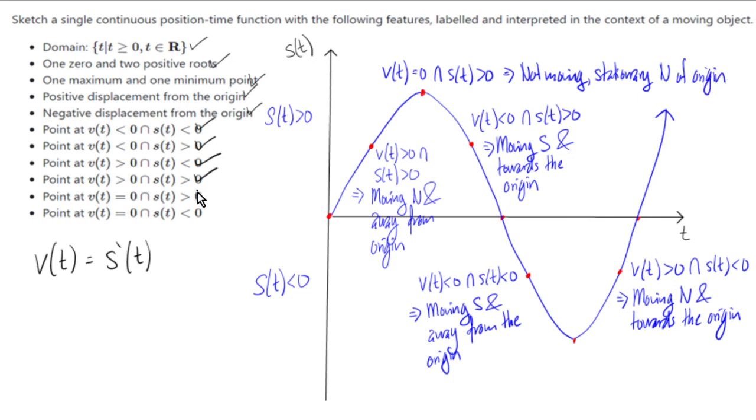And then finally, the last point here is that we want to have a 0 velocity and a negative position time function. So that's going to be our minimum here. So at that point, our velocity is 0, and our position time function is negative, which means that we are not moving.